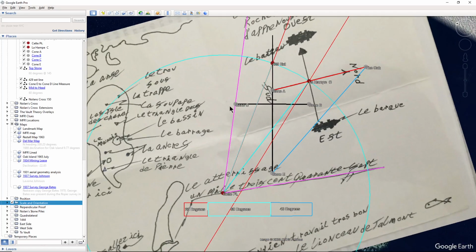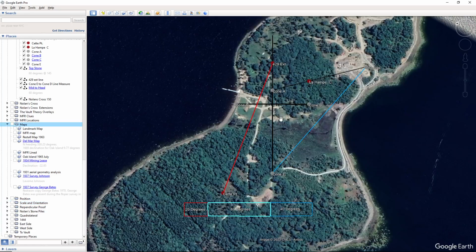These dimensions of the Rochefoucauld map, or from the dimensions, the distances from this miniature, as we know, these distances right here are equal. They're equal to 1,347 feet, or 1,444 feet, which is the same distance from the North Anchor to Cone E.